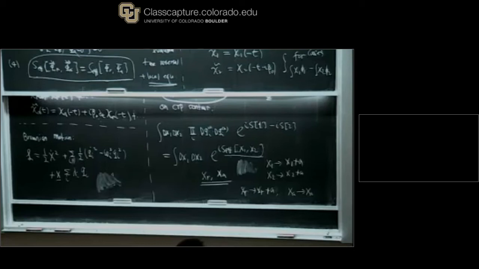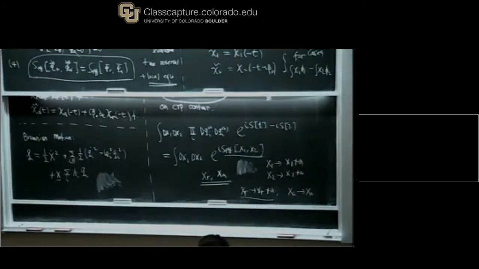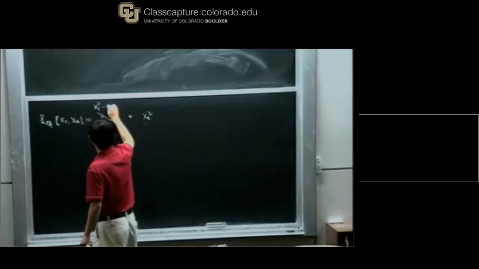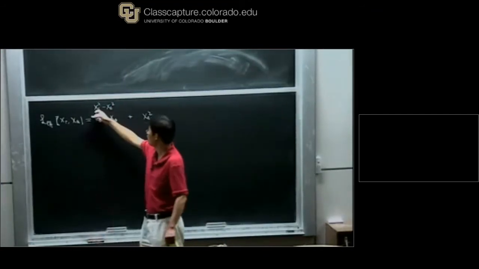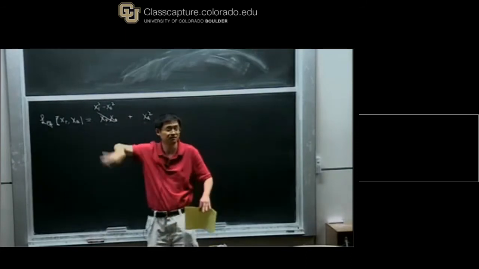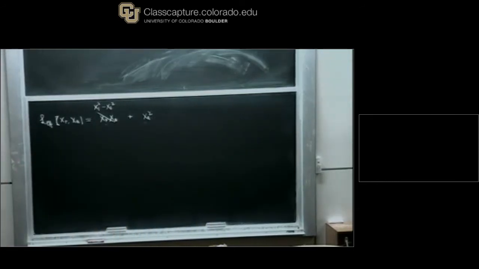Then this XR XA term is not allowed, because it is not invariant under such a shift. But the XA squared term is allowed. This makes sense, because the XR XA term, in ordinary language, corresponds to x1 squared minus x2 squared, which generates a harmonic potential, and this should not happen here, because this is a particle just coupled to some baths. It should not generate such a potential.